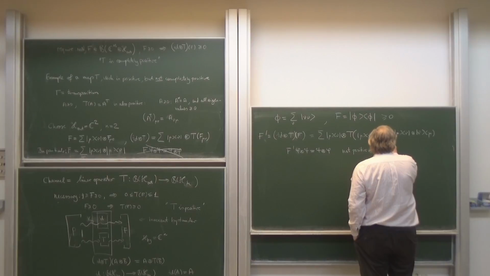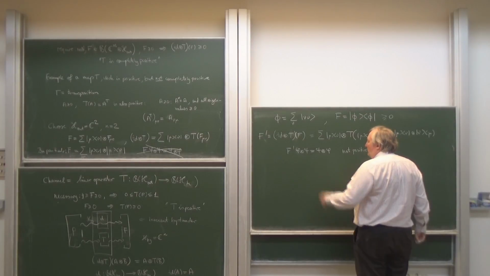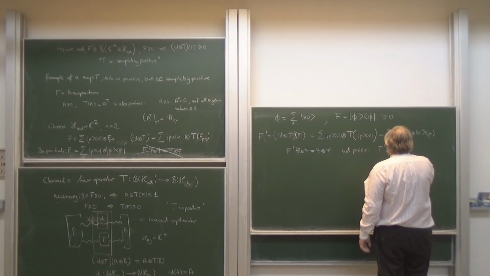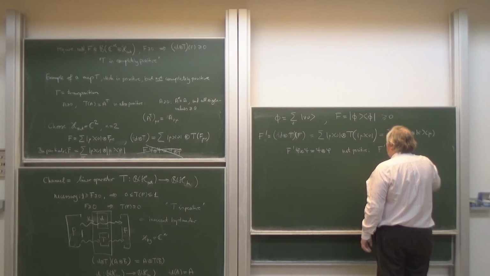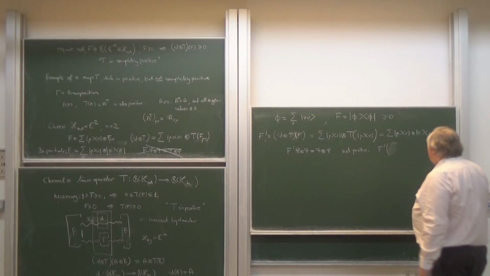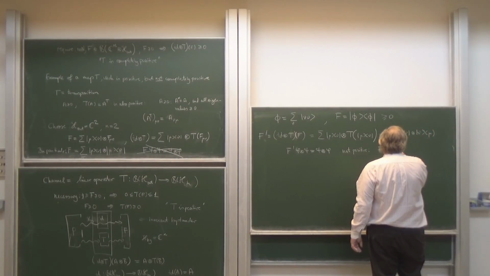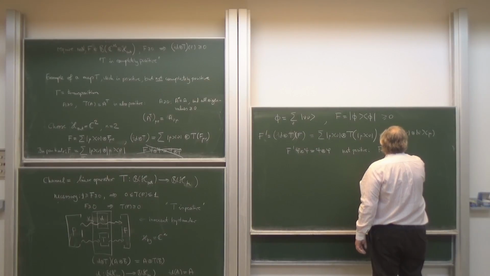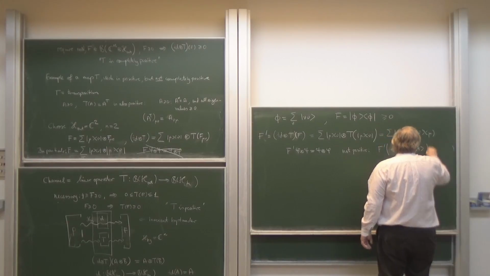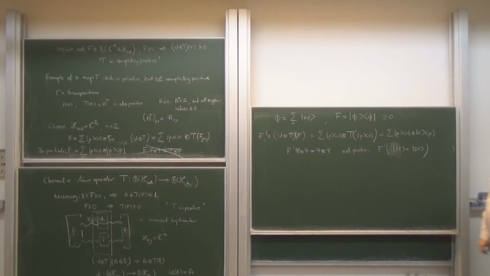Because F prime is this swap operator, and if I apply that to a vector, which is 1 over the square root of 2, just to keep it normal. No, let's drop that one. Remember, we are in 2 dimensions, right?